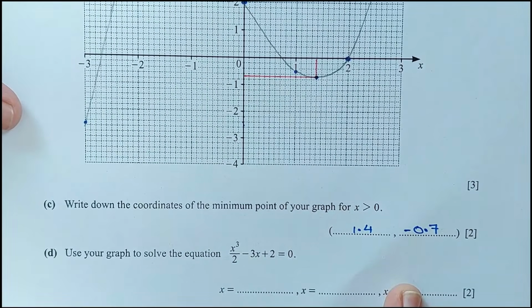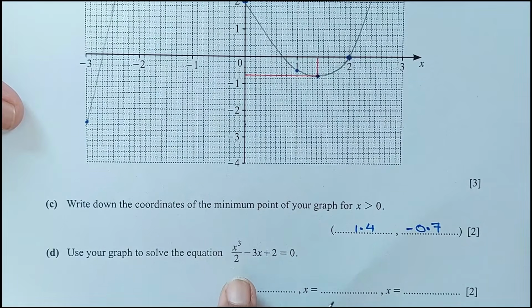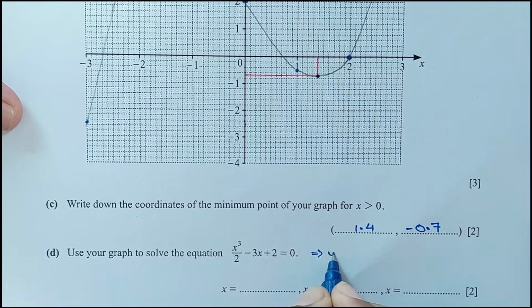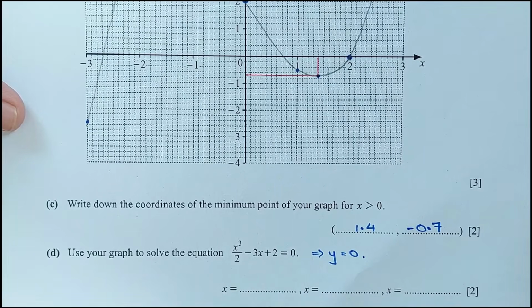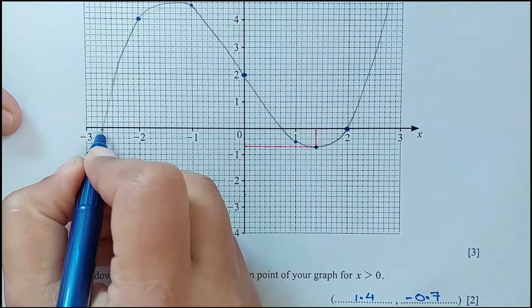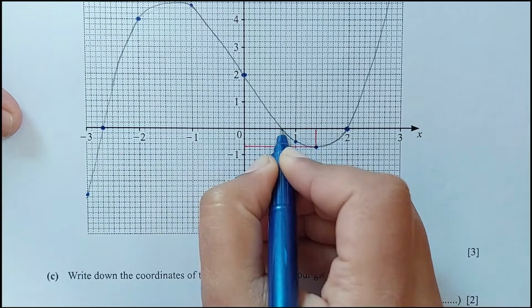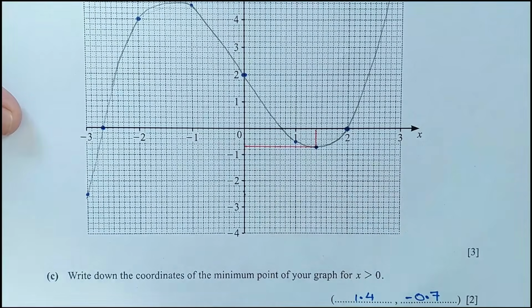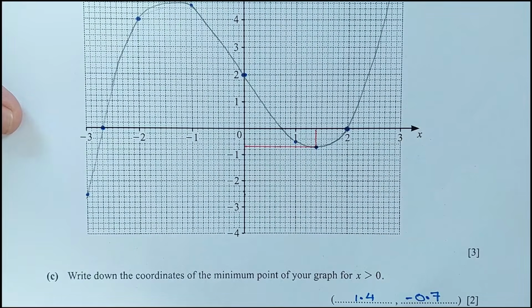Now moving to part D, use your graph to solve the equation. Okay, so when x cubed over 2 minus 3x plus 2 equals 0, when we compare, it means when y equals 0, we have x-intercepts when y equals 0. So let me solve the values of x-intercept, sorry. Okay, this is the point, this is the point, and this is the point, right? So one point is, okay, let me read.